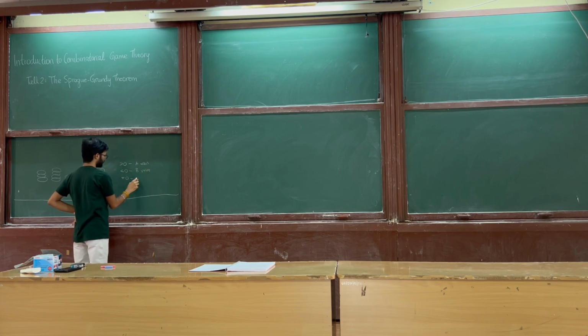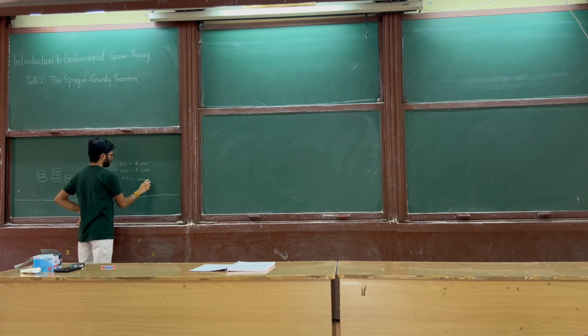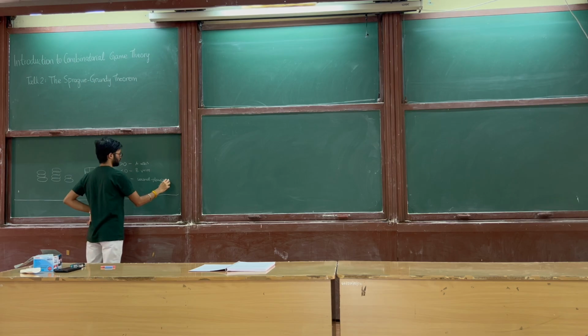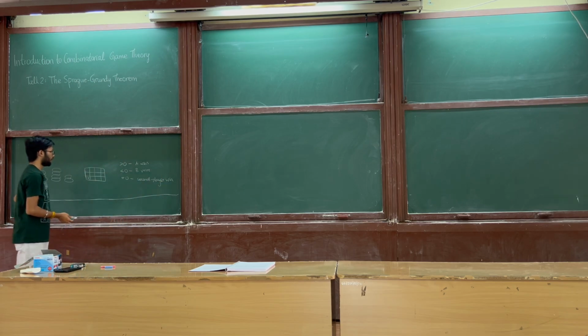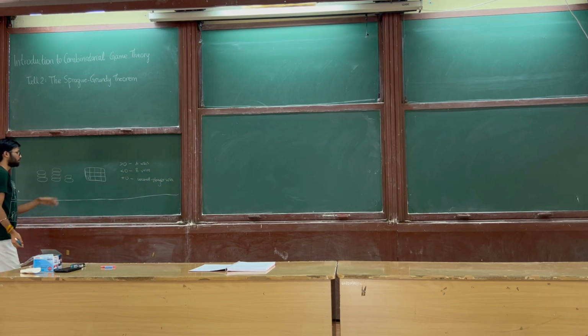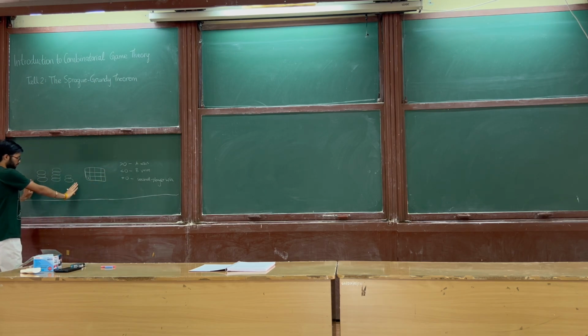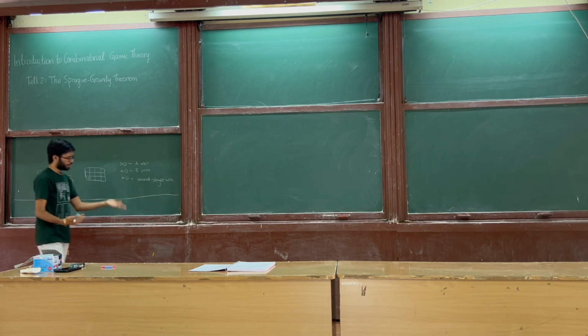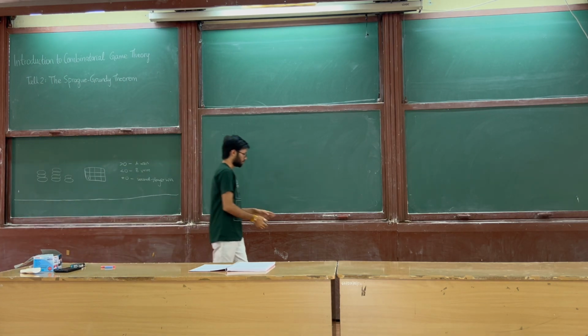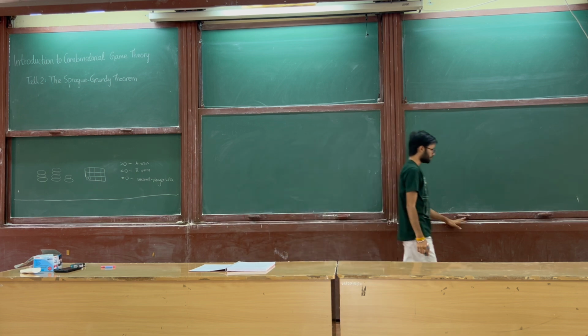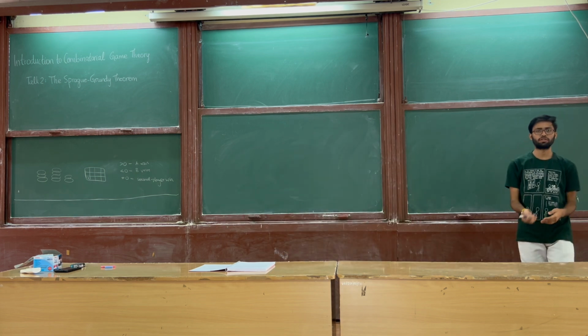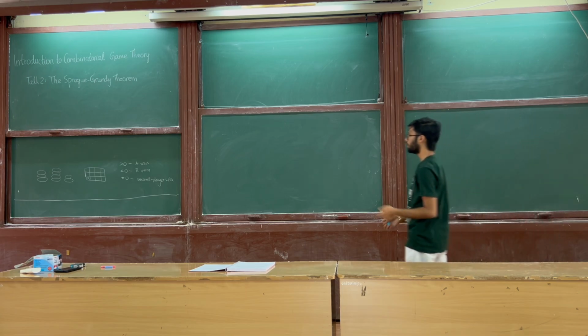And if it's 0, then the second player wins. Now, to each game, which now we mean a game position, we'll assign a value, and then we'll study how these values add, how these values compare, and so on.